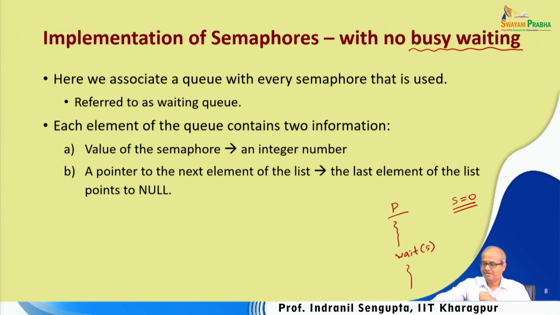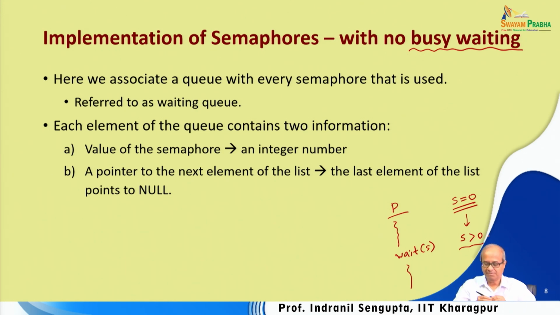What is that event? That event will be whenever the value of s becomes greater than 0. So, whenever someone executes a signal on a semaphore, automatically you check whether there was any process which was waiting on that semaphore. If so, wake up that process, move from the block state to the ready state again. This is how we are thinking about the solution here essentially.